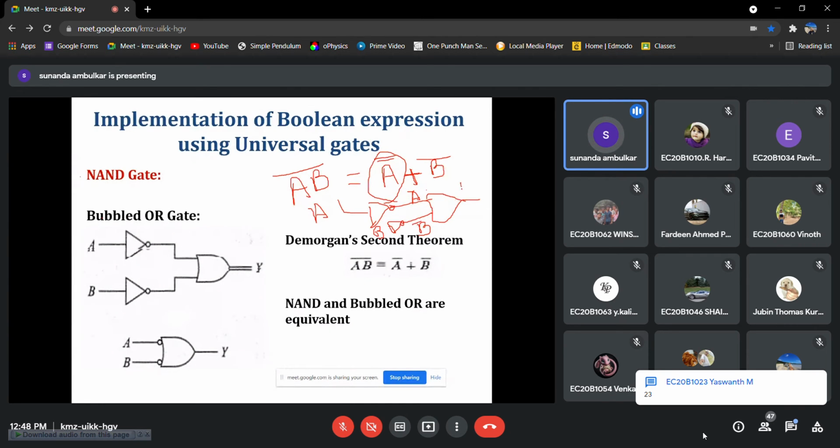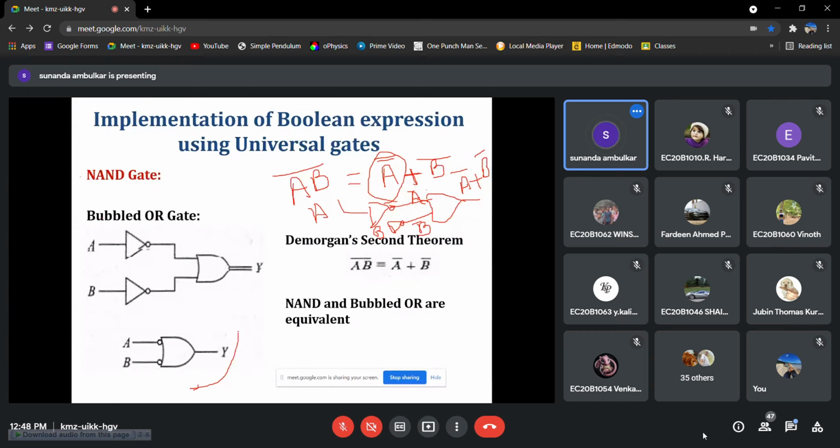So this will be what? A bar plus B bar. So if we replace these terms with the bubbles, this will make the bubbled OR.